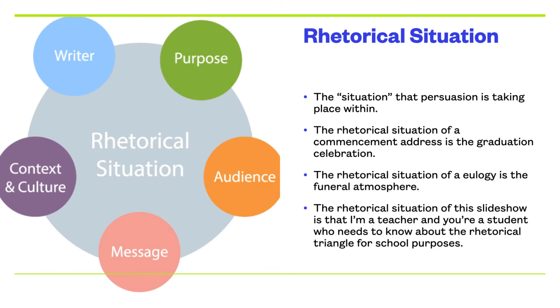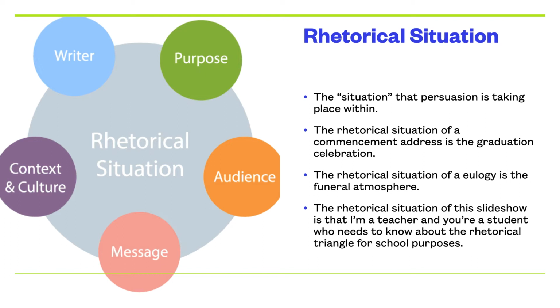Now, within a specific commencement, there might be a more specific rhetorical situation. So, for example, you could be giving a commencement address to Mount Holyoke College, which is an all-female college, and then the rhetorical situation changes a little bit because there are only women in the audience.